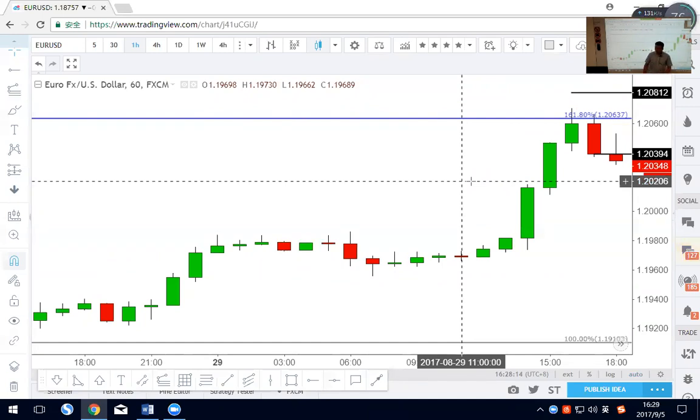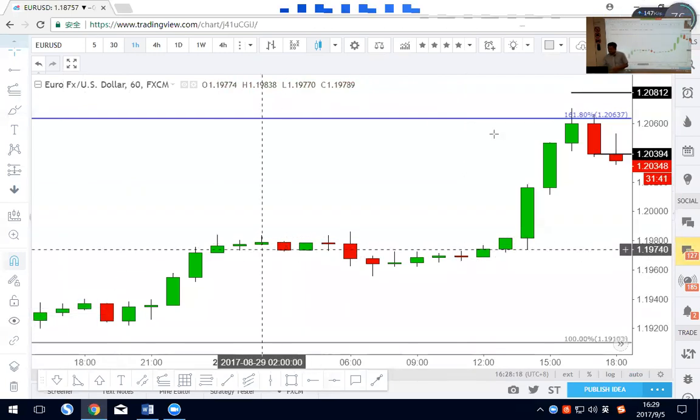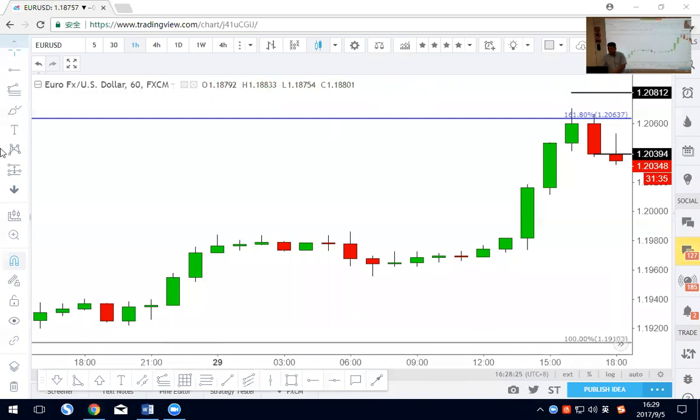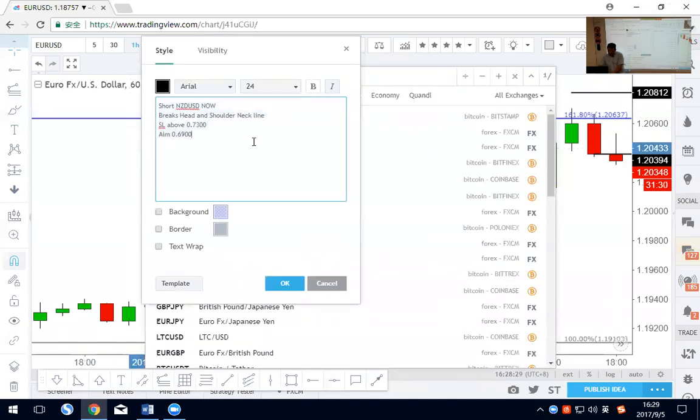So how many pips are we risking? From 1.2040 to 1.2080, we are risking 40 pips, right? Yes, we are risking 40 pips. Risk is 1.2080 minus 1.2040, that is 40 pips.